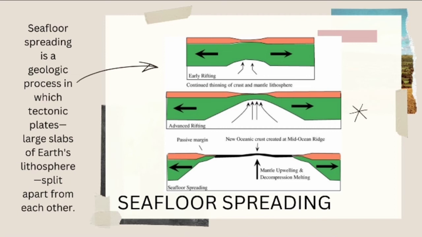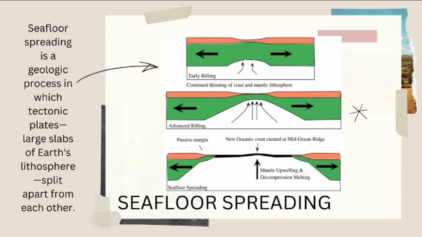As the plates move apart, new material wells up and cools onto the edge of the plates. It is a geologic process where there is a gradual addition of new oceanic crust to the ocean floor through volcanic activity while moving the older rocks away from the mid-oceanic ridge.